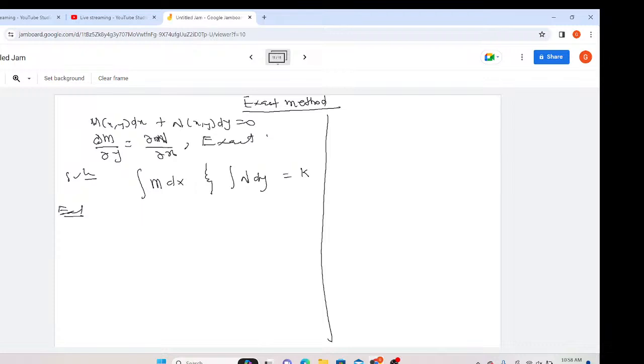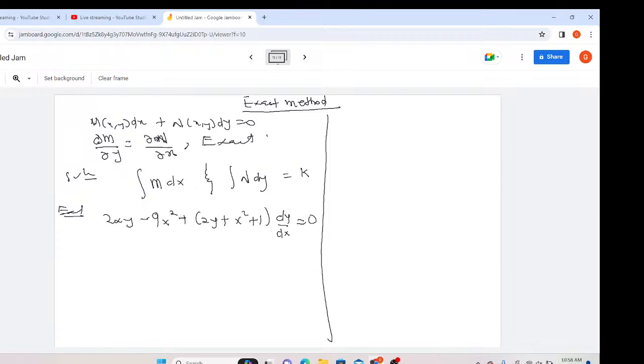So we have the differential equation 2xy minus 9x squared plus 2y plus x squared plus 1 dy on dx equals 0. When I have this, I have to make sure that the equation mimics what's here.